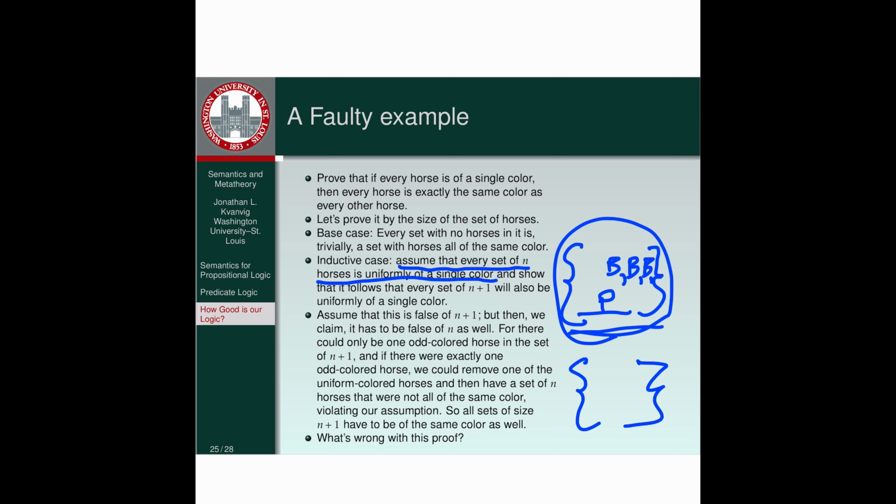Then we looked at the consequent of the conditional for the inductive clause, and we said, assume that it's false of n plus 1. So we are making two assumptions. One is all sets with 4 horses in them are uniformly of a single color, but it's not true that all sets of 5 are uniformly of a single color.